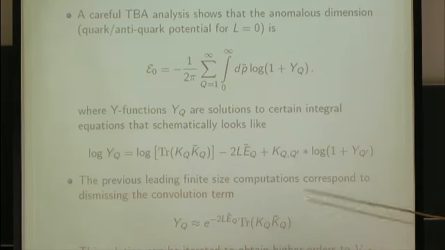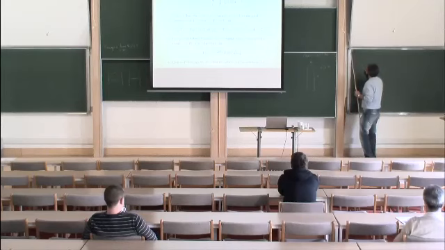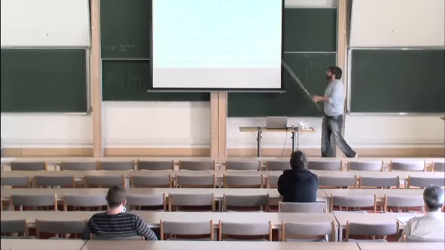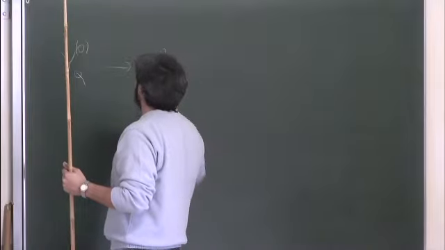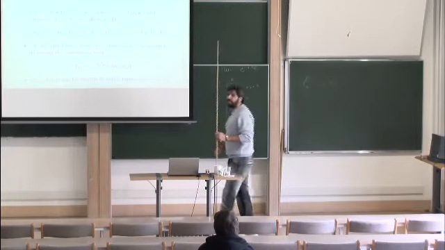But if you dismiss that, you think that this is 0, you get this approximation. This is the Lüscher correction. So you can think of solving this iteratively. This is like the Y0, the zeroth order approximation of the exact solution to the TBA equation, then you can plug this zeroth order here, compute the convolution, and get a first order approximation of the exact solution, and so on and so forth. That's the typical way you solve an integral equation.